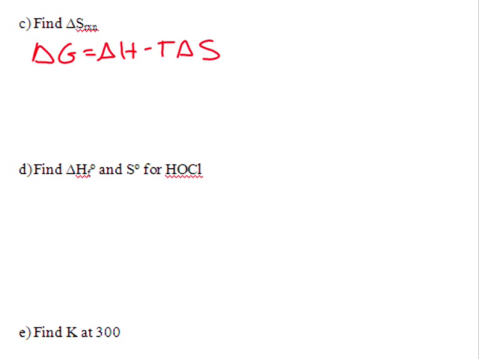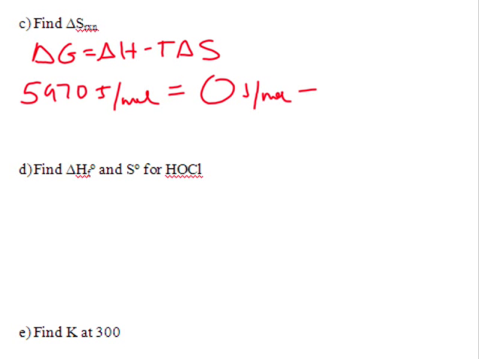All right. So my delta G, which I already calculated, was 5970 joules per mole, is equal to 0 joules per mole minus, what temperature were we at? 298.